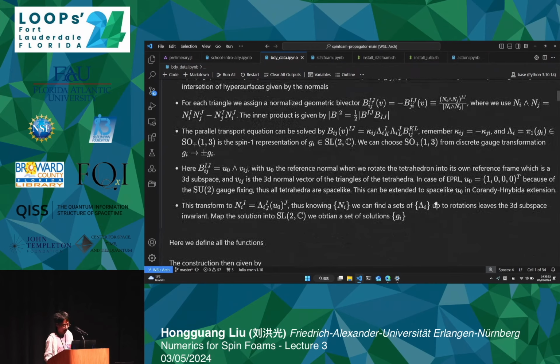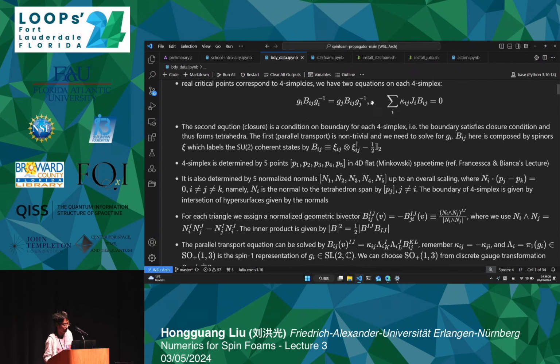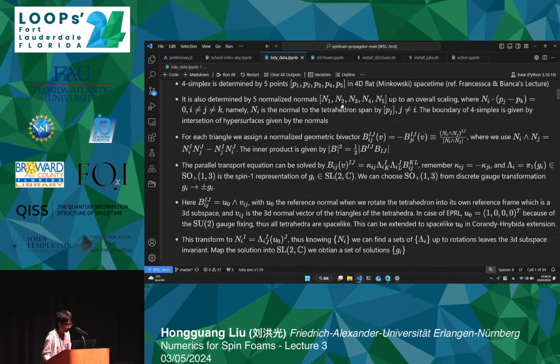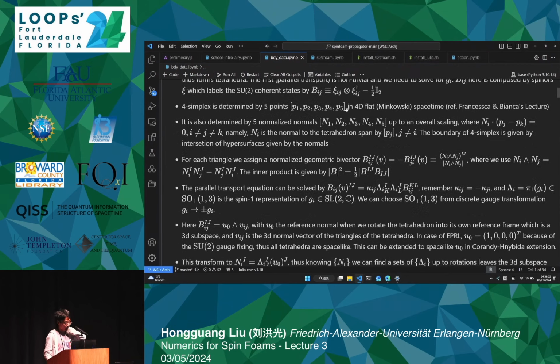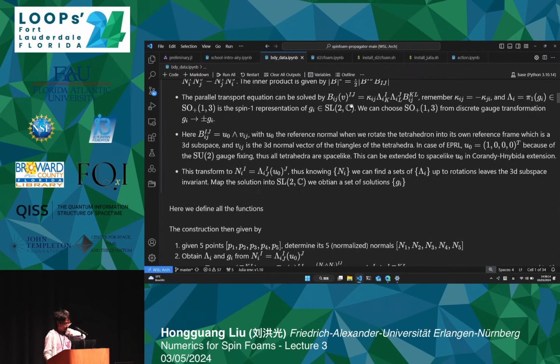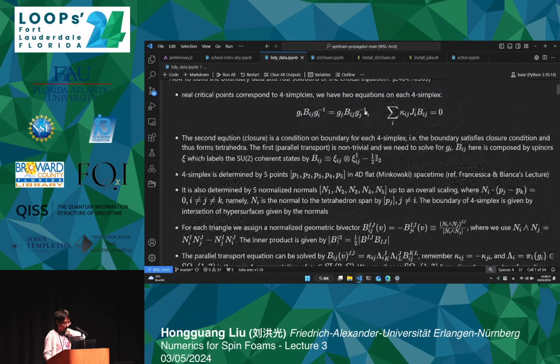So this is a projection, a map from a solution in SO(1,3) into SL(2,C). And this is fixed already by choosing the gauge. So basically, when we obtain an SO(1,3) solution, we also obtain the SL(2,C) solution, and this solves the parallel transport equation and fixes everything. So these are all the facts we know. And our task is really when we give, for example, 5 points to build everything.